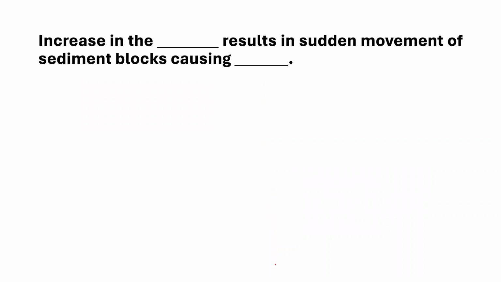Okay, so this brings us to our next question. Increase in the dash results in sudden movement of sediment blocks causing something. You have to associate this question with earthquake and think on that grounds and give me the answer.